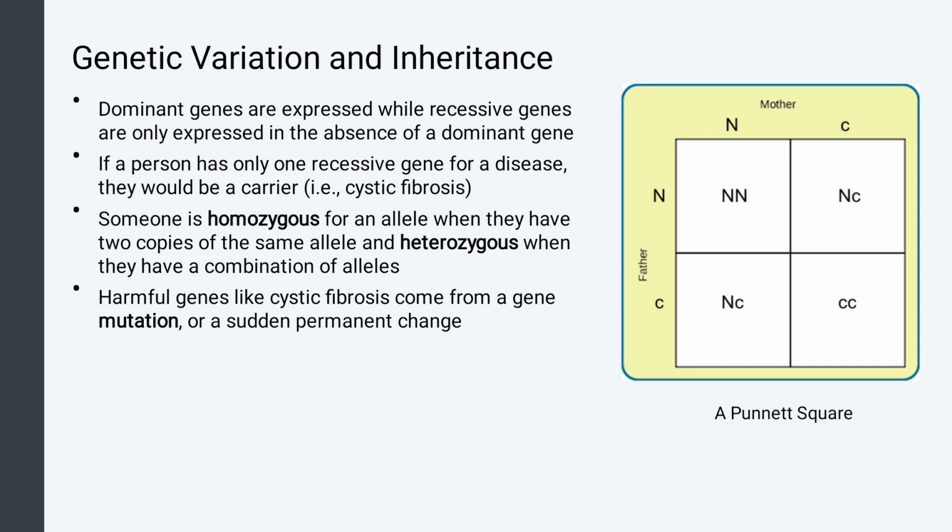Here we have genetic variation and inheritance. We have dominant genes. Dominant genes are expressed, while recessive genes are only expressed in the absence of a dominant gene. Dominant genes are the manifestation of traits from the parents to the offspring, directly observed.